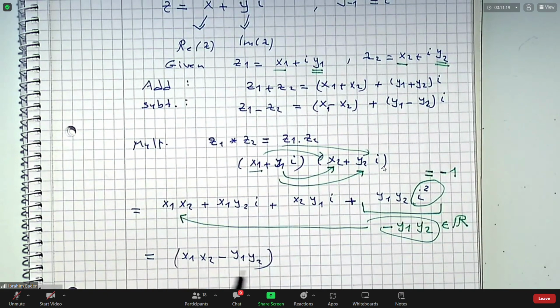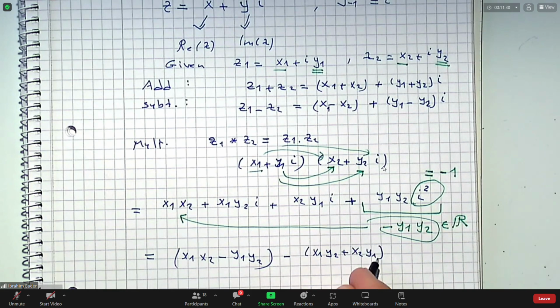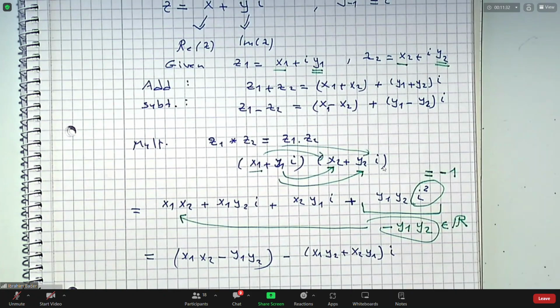And this is the real part of the multiplication. And here, if I take i as a common factor, I have x1 y2 plus x2 y1, times i. So if you like, this is the real part, this is the imaginary part of the multiplication.